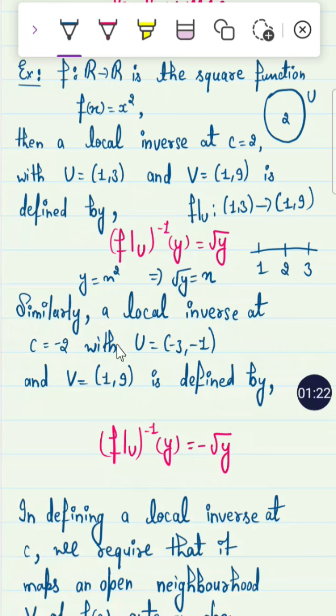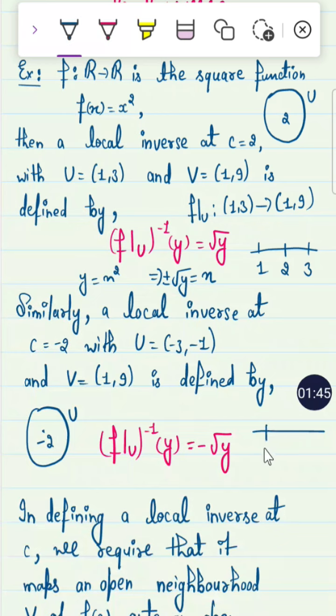So it is the inverse. And when we take the local inverse at the point -2, it is plus or minus. So if we take the local inverse at the point -2, that is U, the inverse of f restricted to U is y = minus root y. This is true.